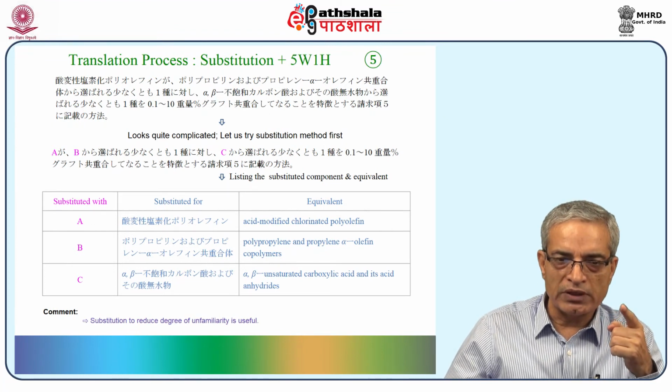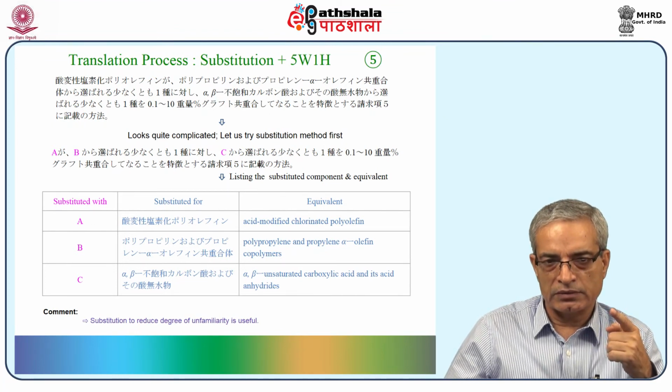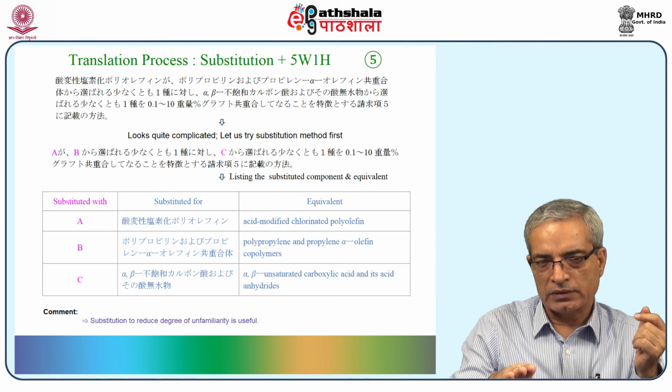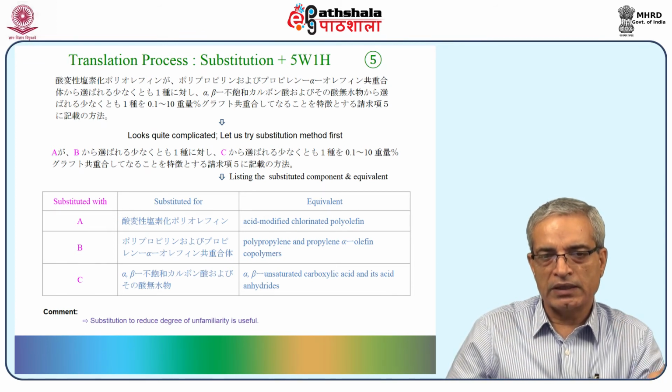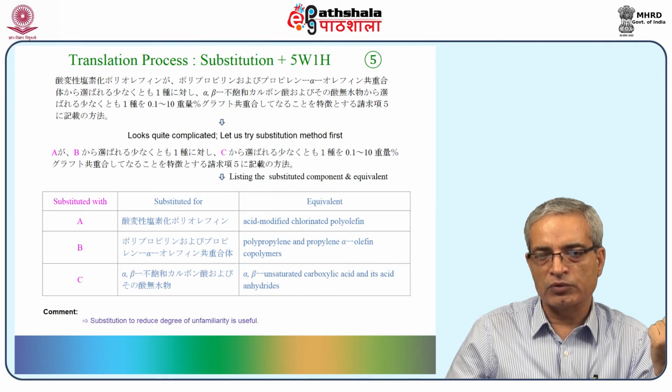So substituted with ABC. The content is given in the center: acid modified chlorinated polyolefin as A, polypropylene and propylene alpha olefin copolymers as B, and alpha beta unsaturated carboxylic acid and its acid anhydrides as C.